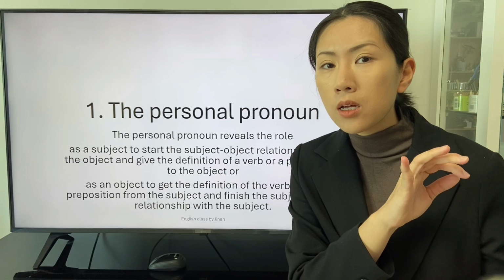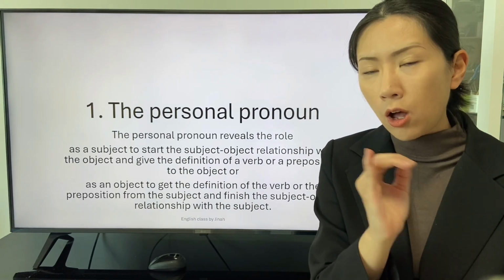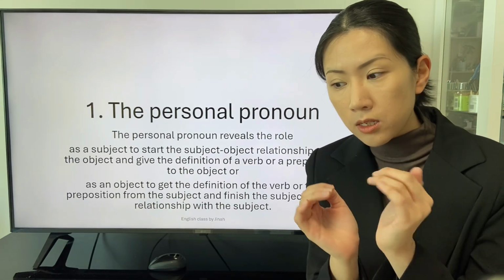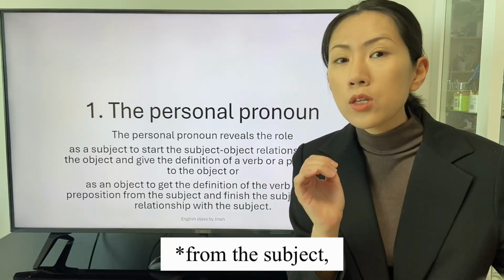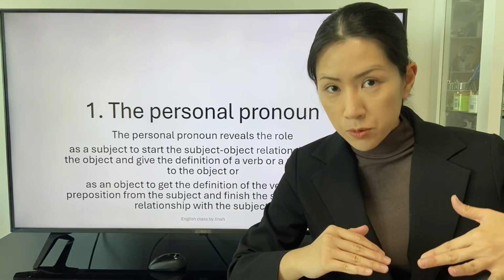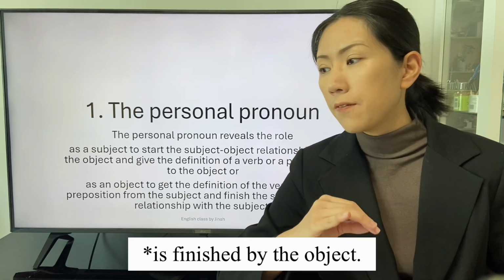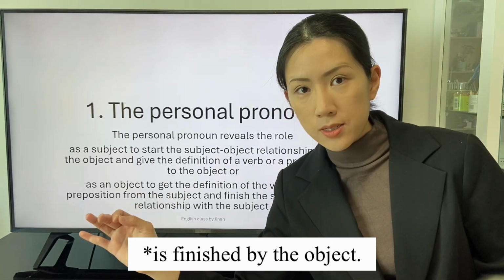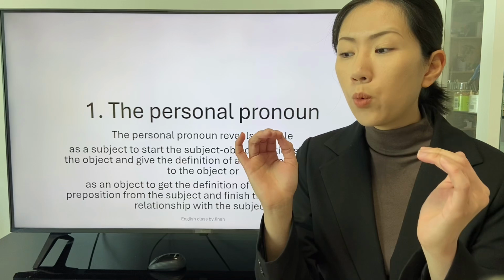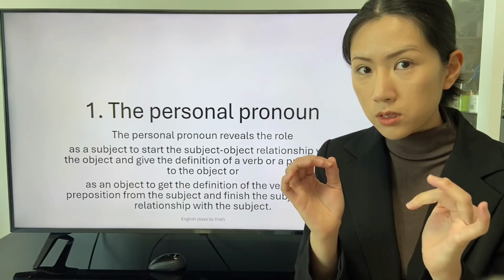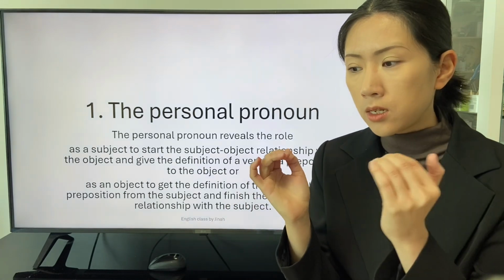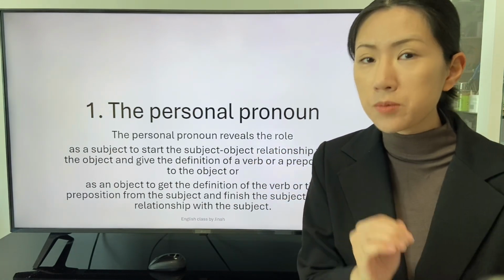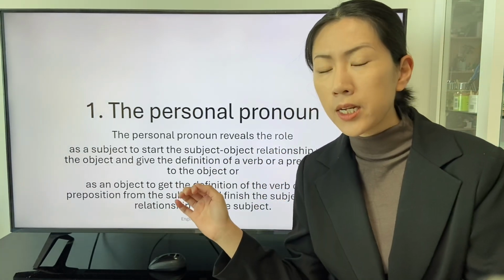And after the object gets the definition of the description, the relationship between the subject and the object is formed. So with the form of the personal pronoun, we can know the role as a subject or an object in the clause.